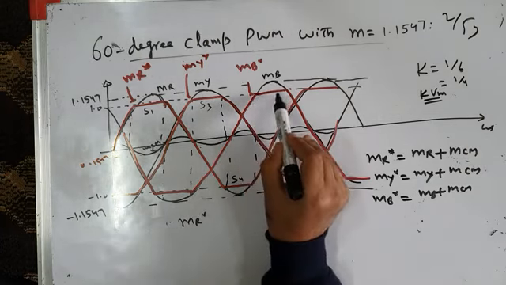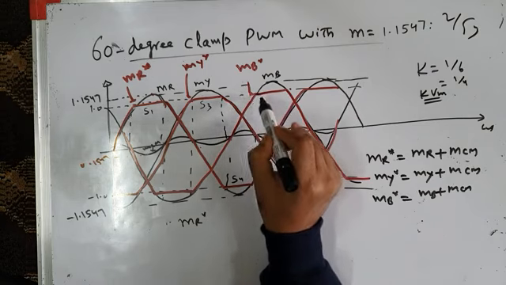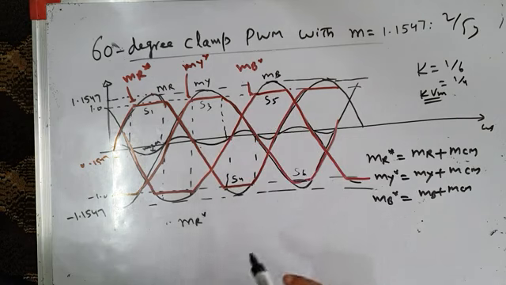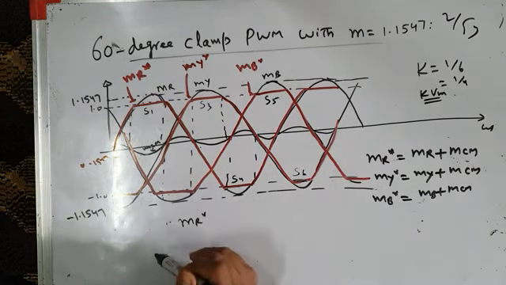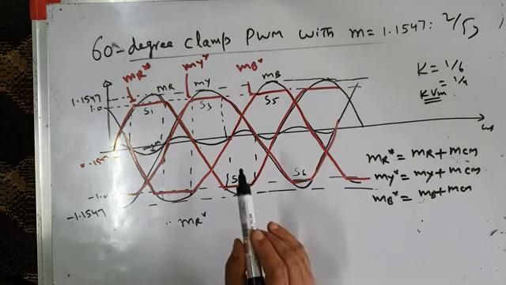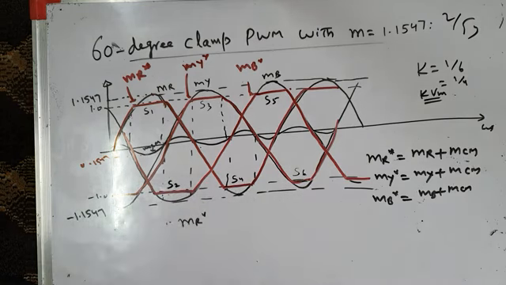Similarly, phase leg B is clamped to positive DC bus over this 60-degree interval, so its top switch S5 will be on, and over this 60-degree interval it is clamped to negative DC bus and its bottom switch S2 will be on.